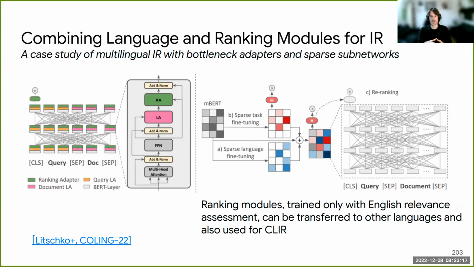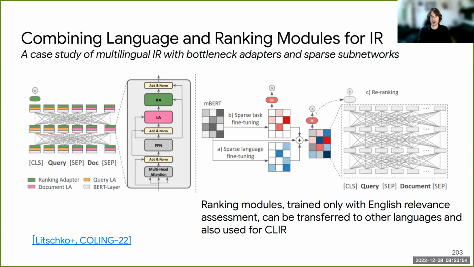The task here is basically ranking. So it's not NER anymore, or parsing. This is one application, information retrieval, where you're combining ranking masks again with language masks, where the ranking mask or the ranking adapter is fine-tuned on relevance assessments which are available only in a single language, which is typically English. And then you can transfer relevance assessments from the source language to the target language and do information search in the target language like Italian, Finnish, Croatian, Chinese, whatever.